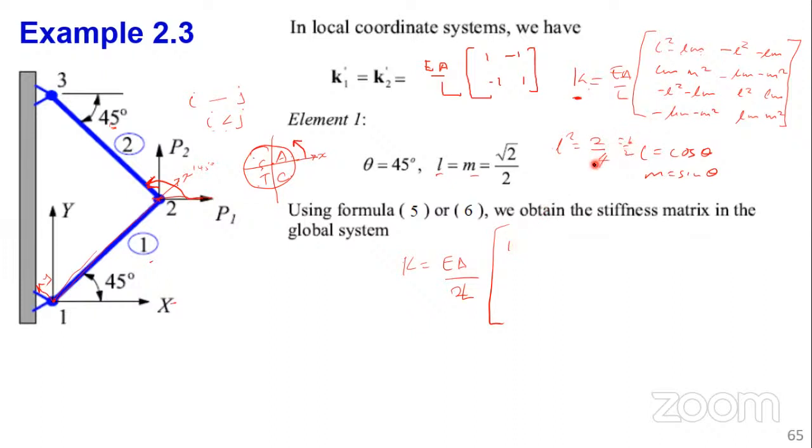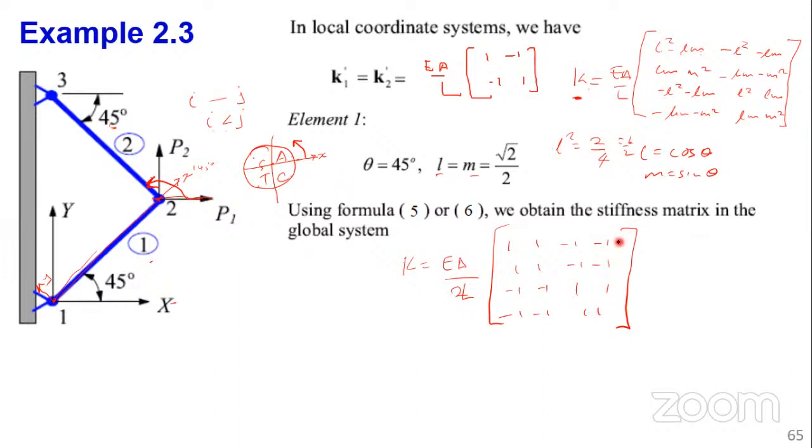So we're going to have 1, 1, minus 1, minus 1, 1, 1, minus 1, minus 1, minus 1, minus 1, 1, 1, 1, 1, as the stiffness matrix for element 1. So you can see application is very easy indeed. Only that what you have to be careful with is the sign convention, how you read the angles.